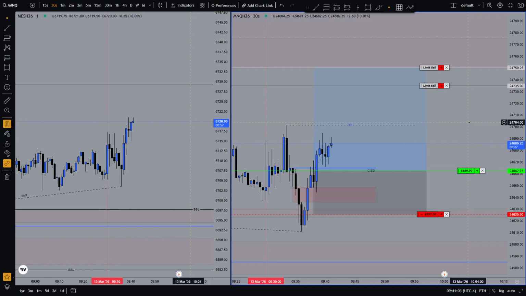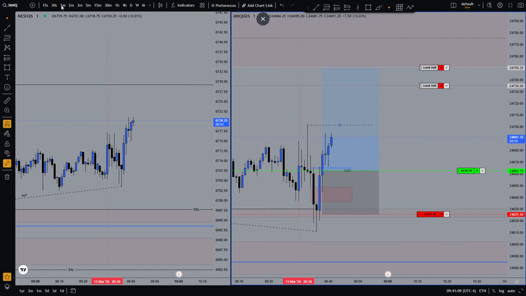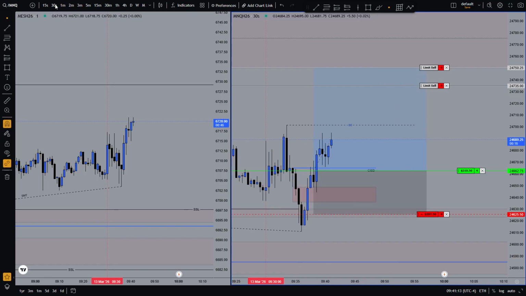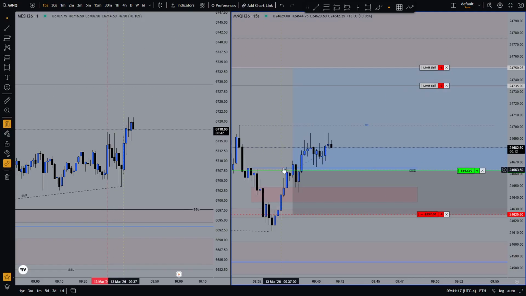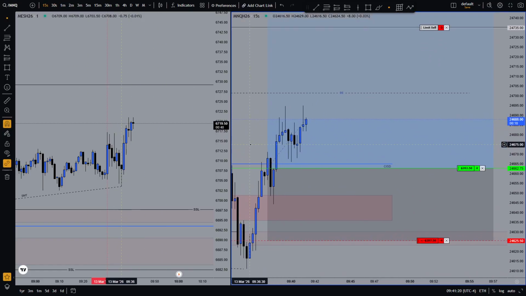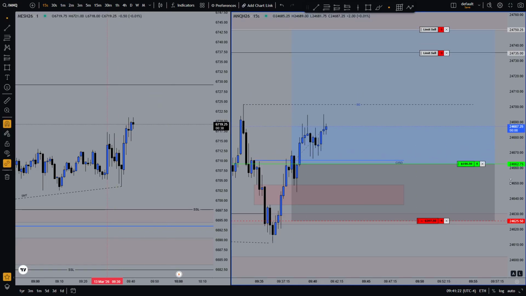Just gonna be patient here now. See what we get. This nice 15-second gap here. Holding. Stops will probably go underneath that at the low.